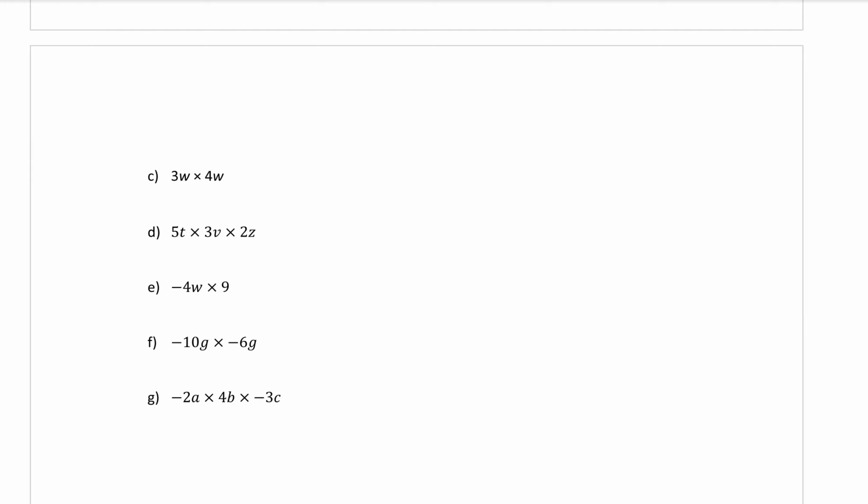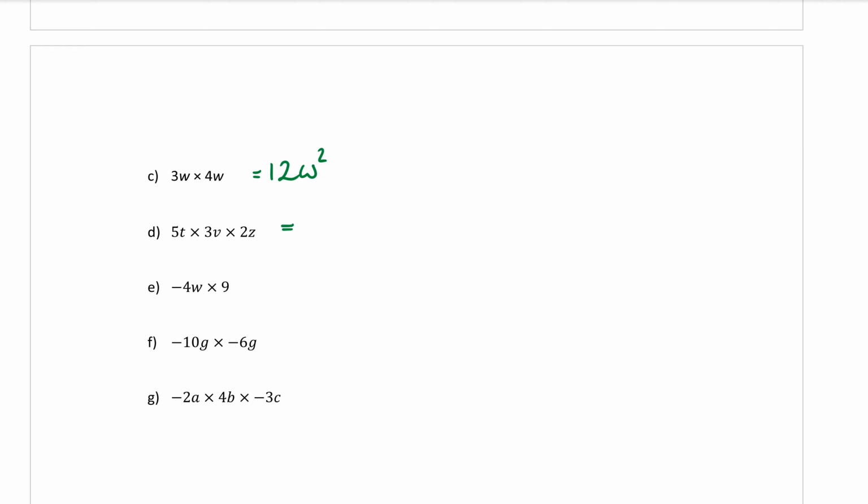Okay, part C. We want to do 3w times by 4w. So multiply the numbers. 3 times 4 is 12. And the letters, we have w and w. Remember, if we have 2 of the same letter, we write that as w squared. D. 3 terms, that's okay.